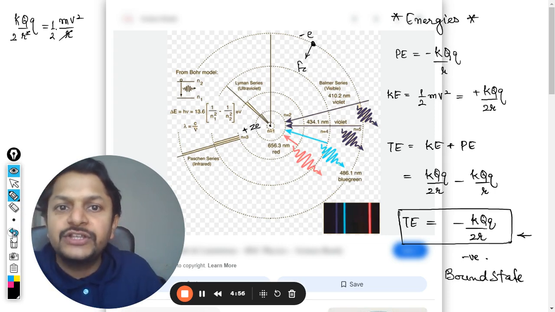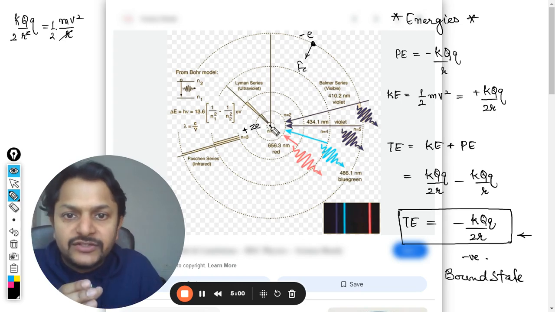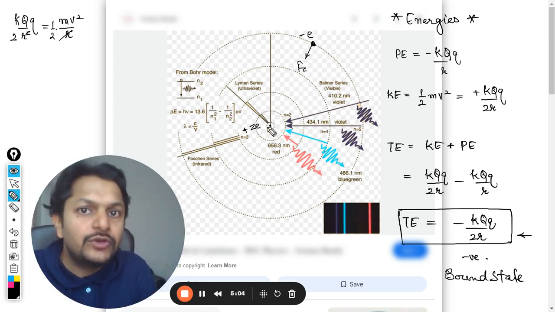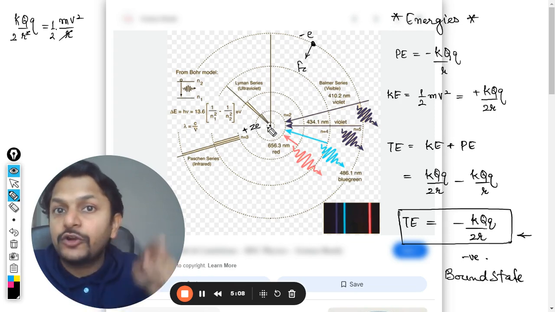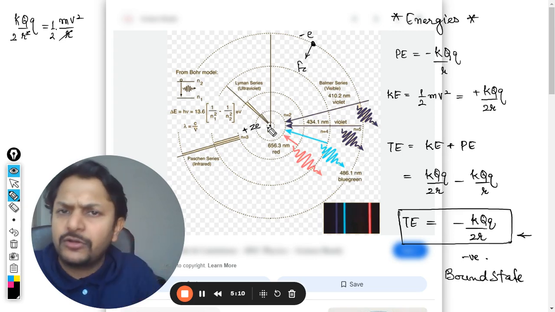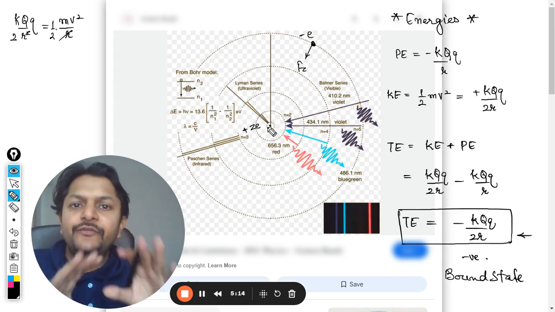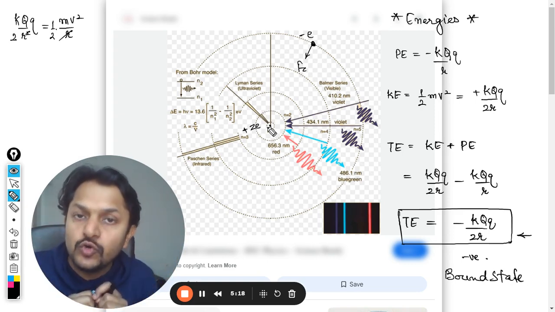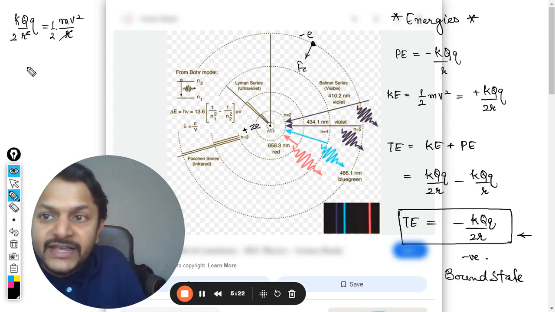Why not? You can clearly see there is no string there, the electron is not literally tied to the nucleus. Even then, the electron cannot move away, because there are Coulombic forces. This kind of state is called the bound state from the energy point of view. We did the same thing in topic D1, and I told you to remember these things.